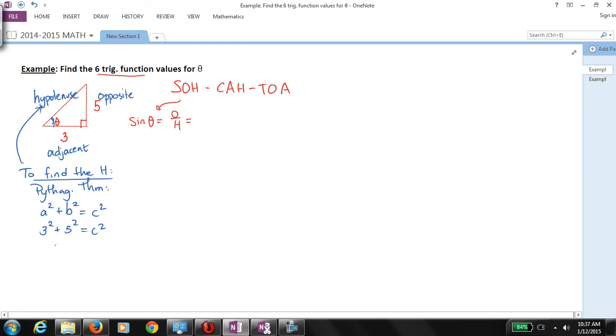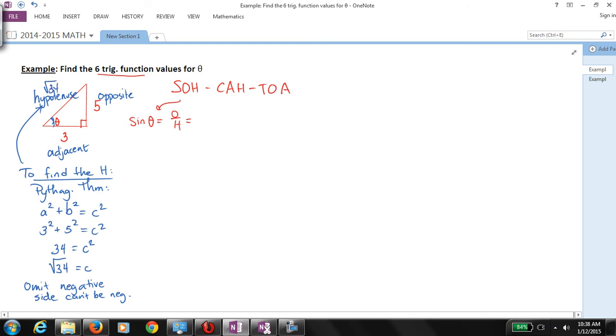So what is this, 34? And then square root. It's supposed to be plus or minus, but I get rid of the negative because why? Yes. Side can't be negative. So this is the square root of 34.